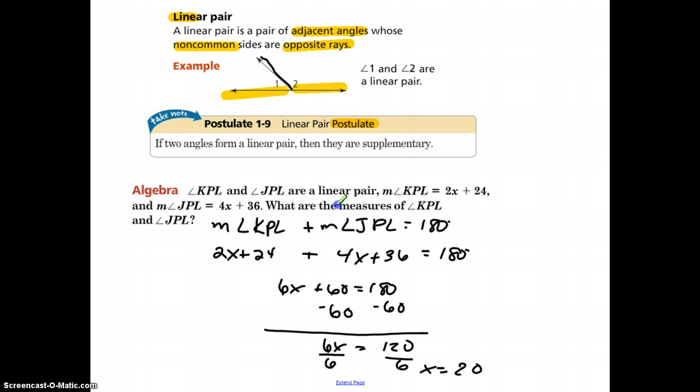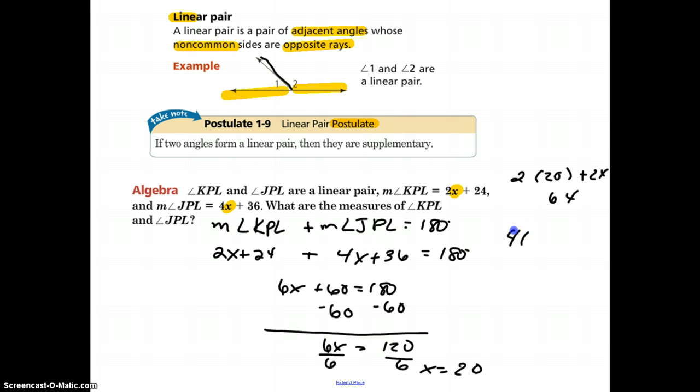My question is, what is the measure of angle KPL? Well, I know that x is 20. So I'm going to do 2 times 20 plus 24. 2 times 20 is 40, plus 24 is 64. Again, for this one, I'm going to make x 20.